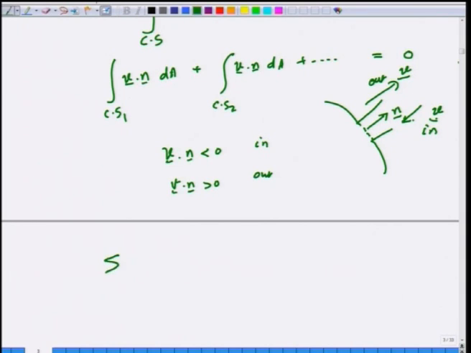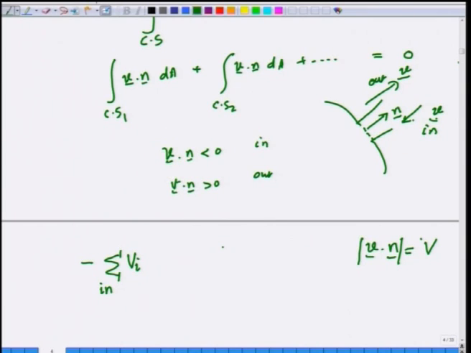So we can split this into various inlets. Let us call the magnitude of V dot n as V, and the sign of V dot n is negative for inlets and positive for outlets.